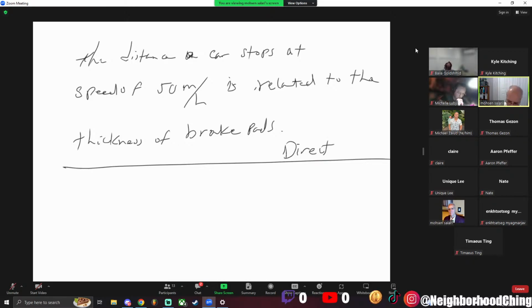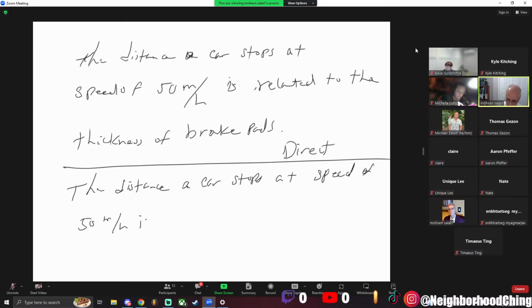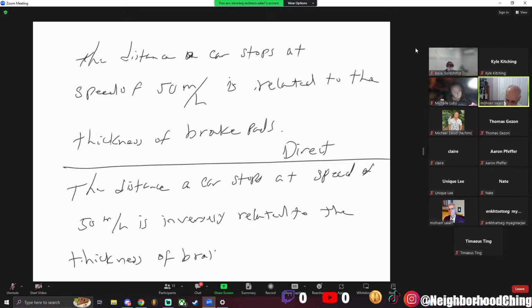But the same example, if I say the distance a car stops at speed of 50 miles per hour is inversely related to the thickness of brake pads. Now this one, the word inversely is there.